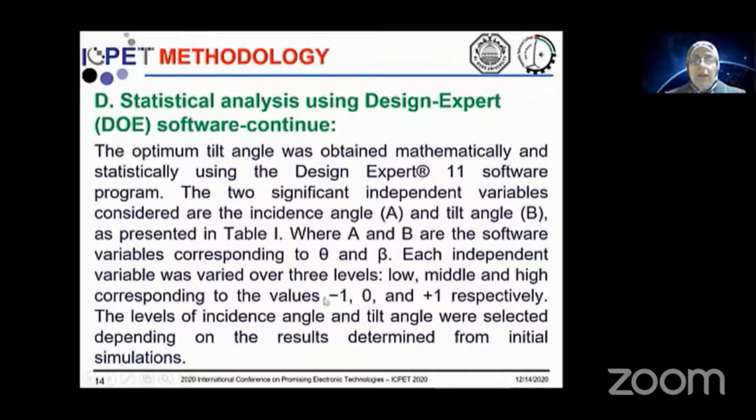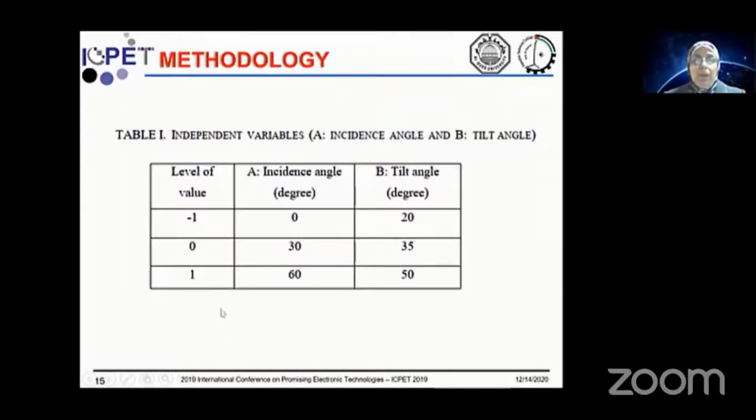Low is symbolized by -1, middle is symbolized by 0, and +1 symbolizes the high level. If we look at the table, we can see that level -1, which is the low, corresponds to incidence angle 0 and tilt angle 20, middle 0 corresponds to 30 and 35, and +1 corresponds to 60 and 50.